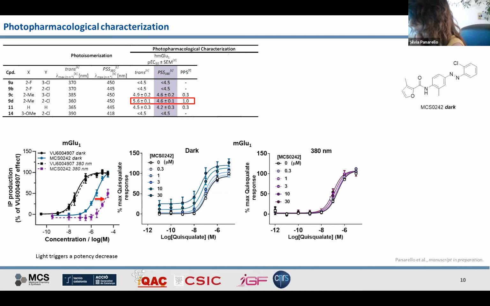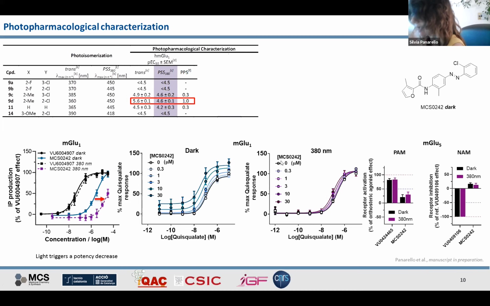Then, in order to understand any undesired off-target activity, we also assessed selectivity of the six analogs versus the key anti-targets for this chemotype, the other group 1 mGlu receptor, mGlu5, and mGlu4.